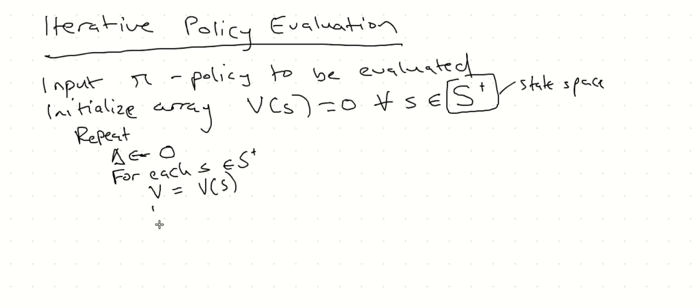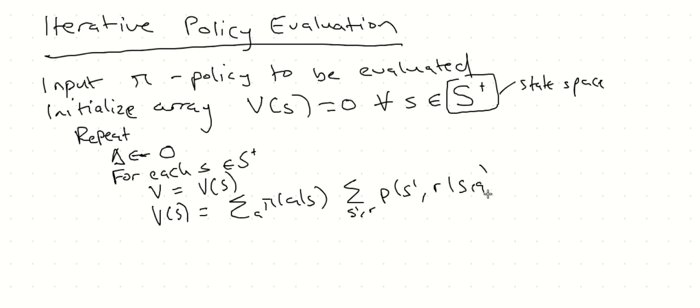And then what is V(s)? We know the update rule. It's the summation over a of pi(a given s) times the summation over s prime comma r of p(s prime comma r given s comma a). Again, this is interchangeable with the earlier form in case you forgot. And multiply this by r plus gamma times V of s prime. This is essentially our update rule.